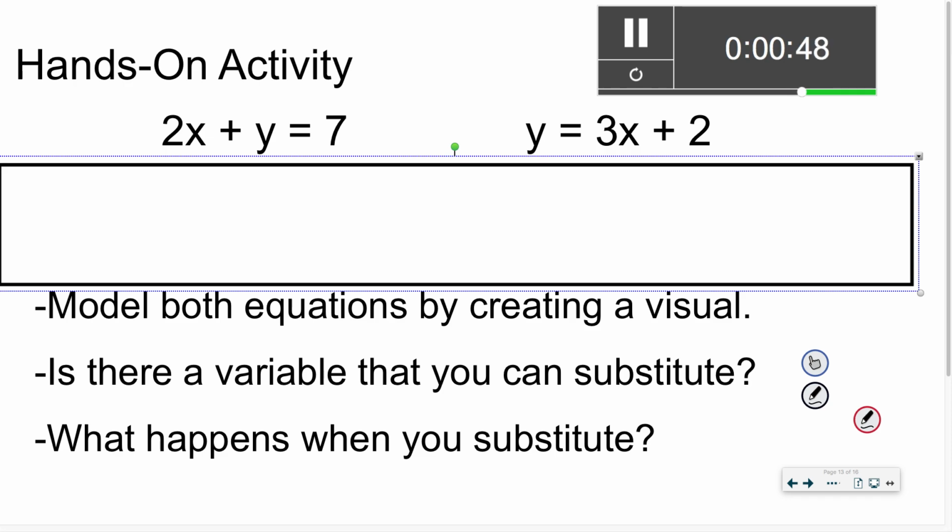I said y. So we can replace y with y. Would you replace it? You can solve it. What'd you replace?